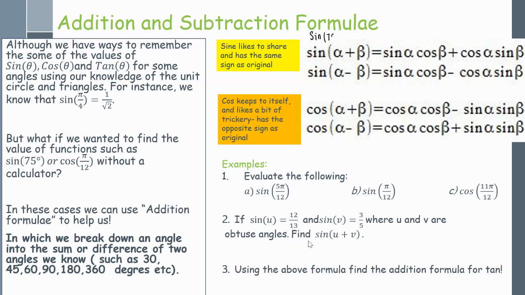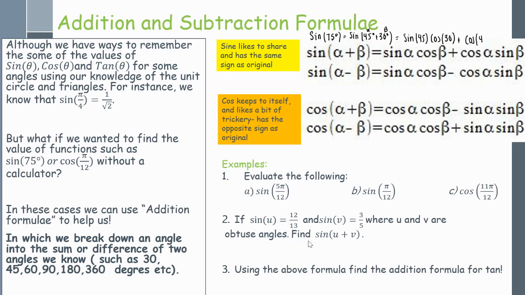For sine, when we have, say, 75 degrees, I break this down into two angles that I know. So 75 is the same thing as sine of 45 plus 30. I know what sine 45 is, and I know what sine 30 is, so I can use that first formula that we see.